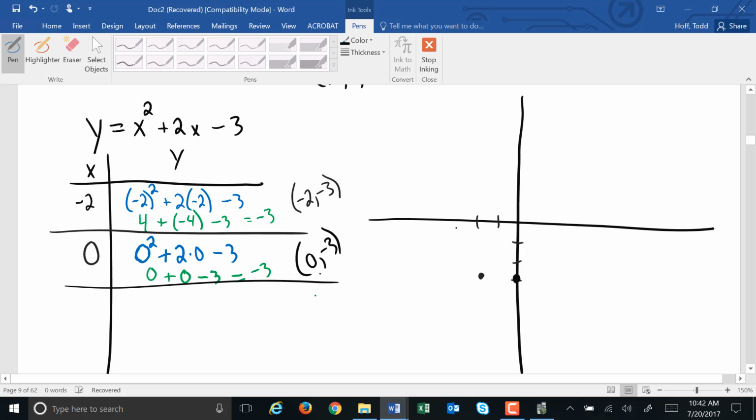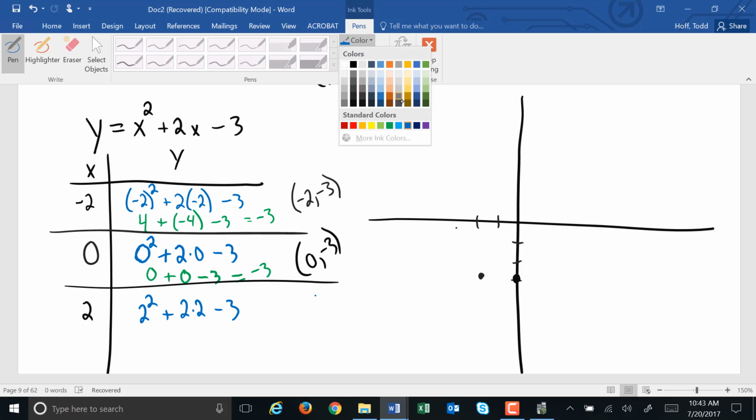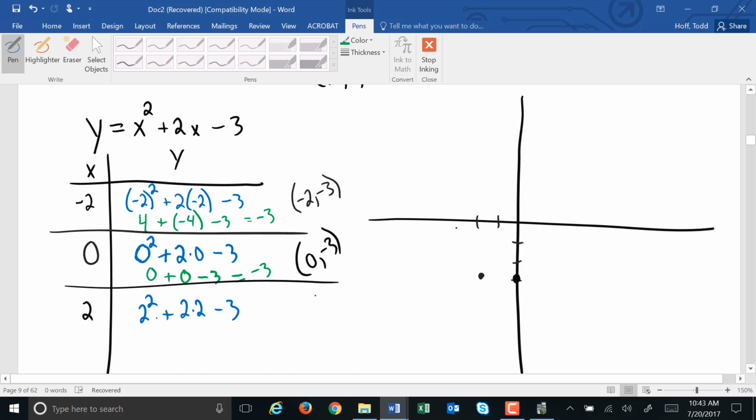Let's try x equals 2. If x is +2, what's my expression for y going to be? 2 squared plus 2 times 2 minus 3. 2 squared is 4.